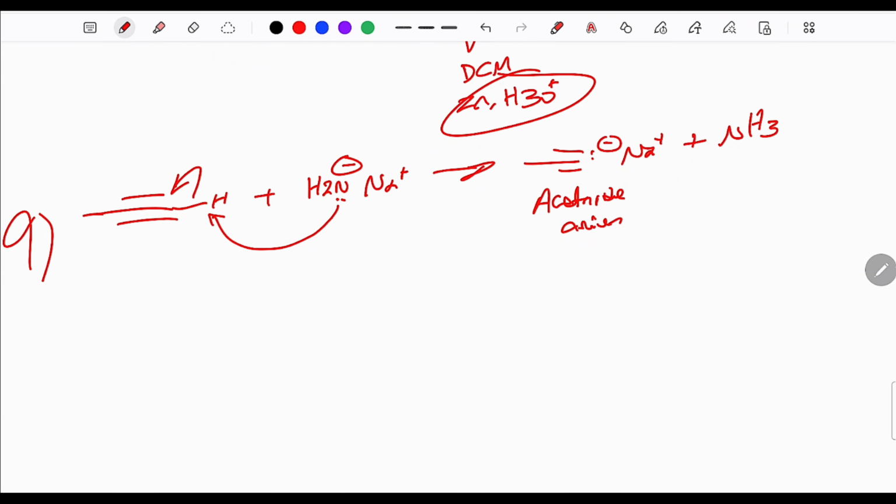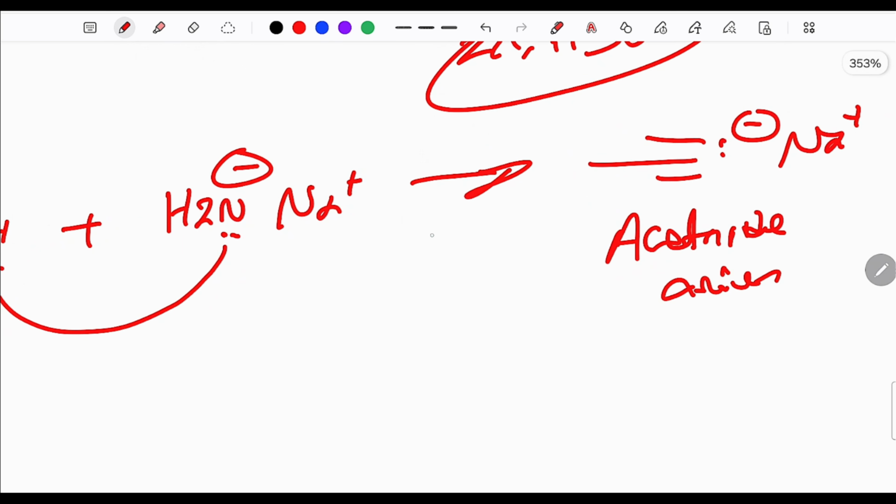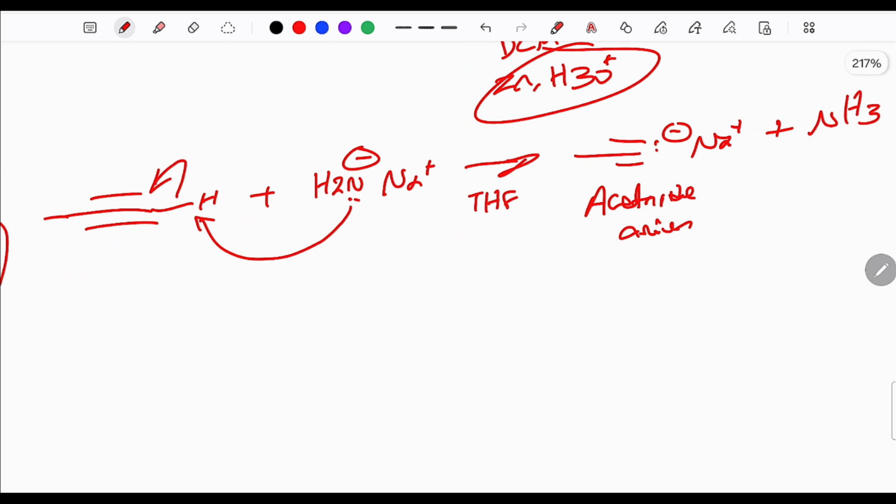The conditions are either liquid ammonia or THF. You want it to be anhydrous, because you don't want water involved, as that would interfere with the formation of the acetylide anion. But the acetylide anion is really important.